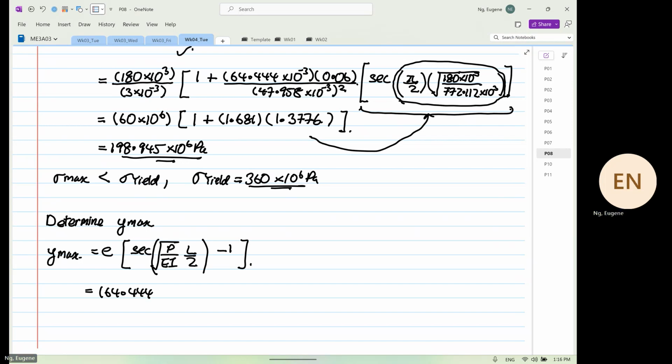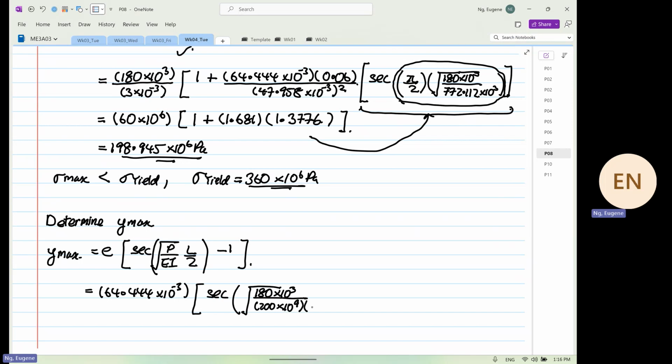64.444 times 10 to the power minus 3. And then you have your secant, and then square root of P is equal to 180 times 10 to the power 3. Young's modulus for this case is 200 times 10 to the power 9.